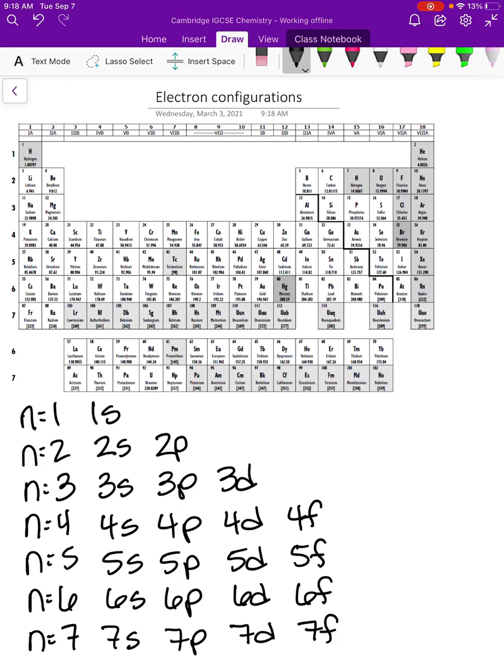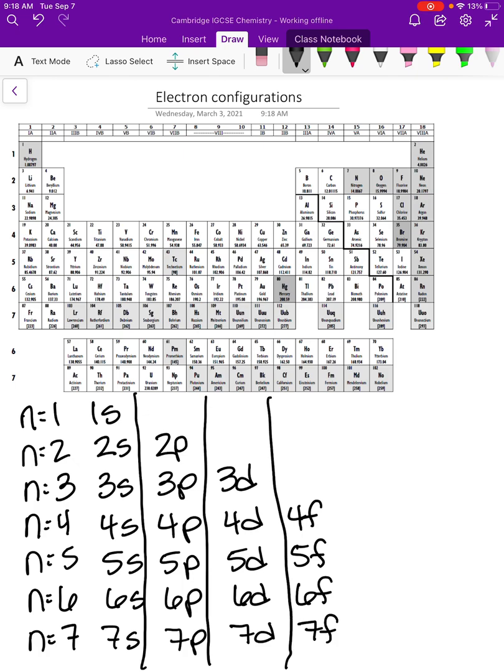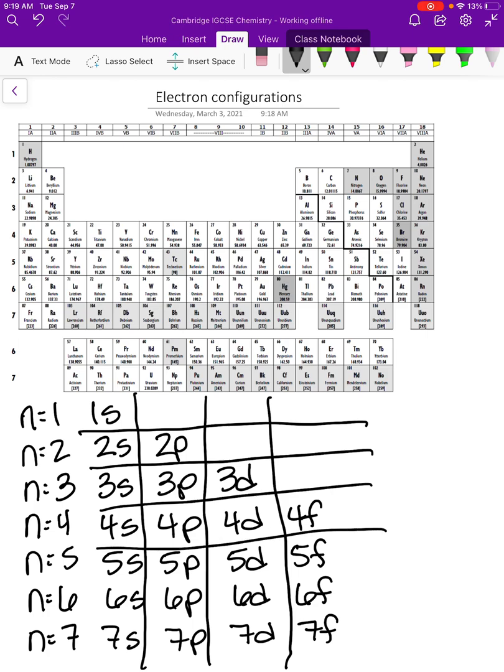So in order to figure out what you fill first, you're going to create this grid. And to fill, you're going to go diagonally.